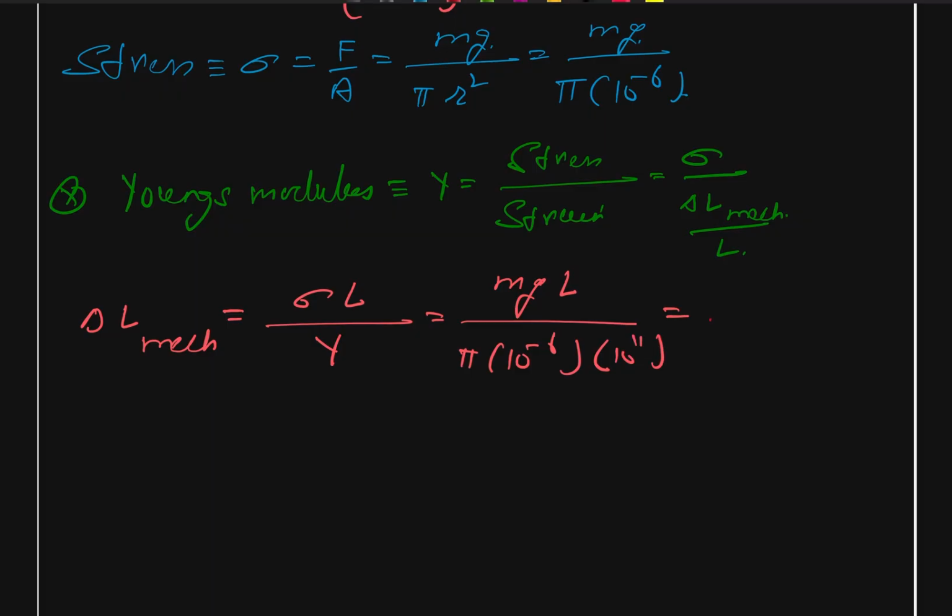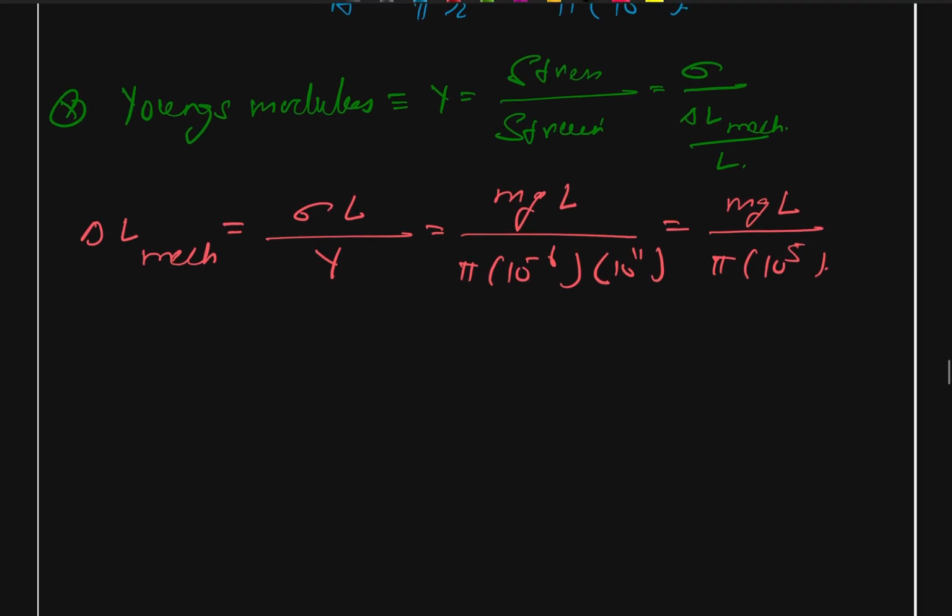So we get mgL over pi times 10 to the power 5.